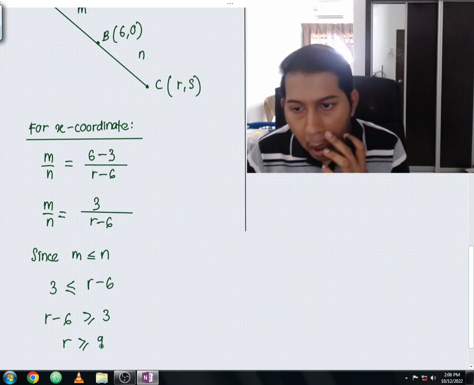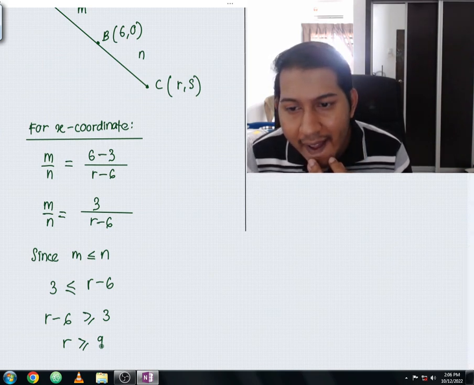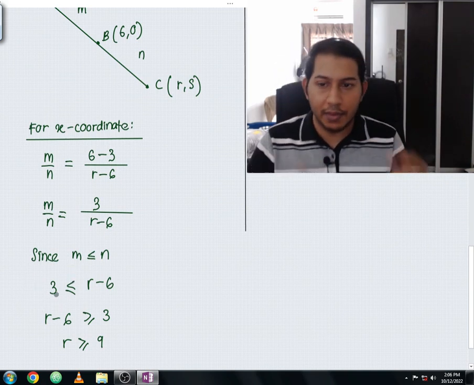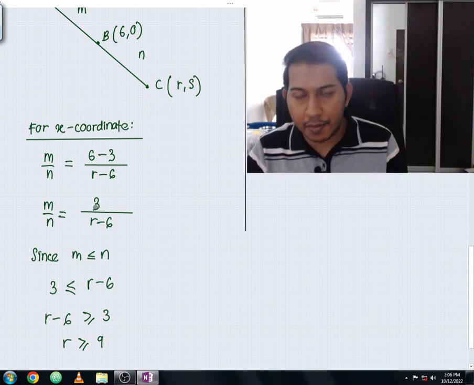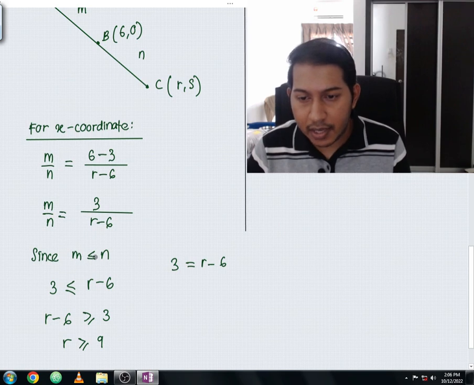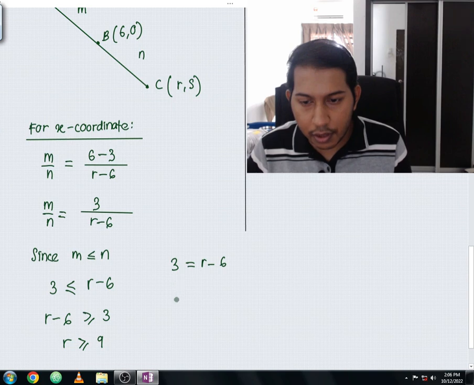In case you are wondering how we come up with this equation, remember this, guys: in this case M is representing 3, and N is representing R minus 6. So let us write this in the equality form: 3 is equal to R minus 6 if M equals N, but now M is less than or equal to N, so this equation will turn into 3 less than or equal to R minus 6.